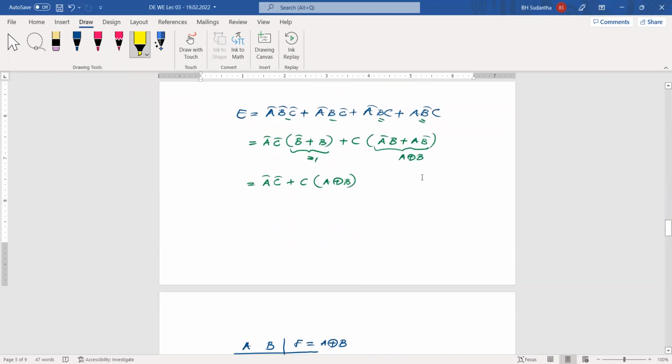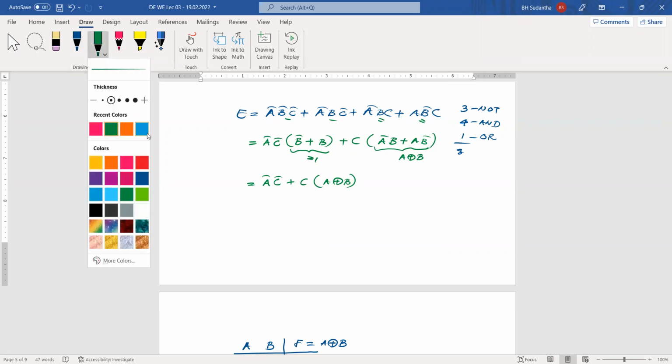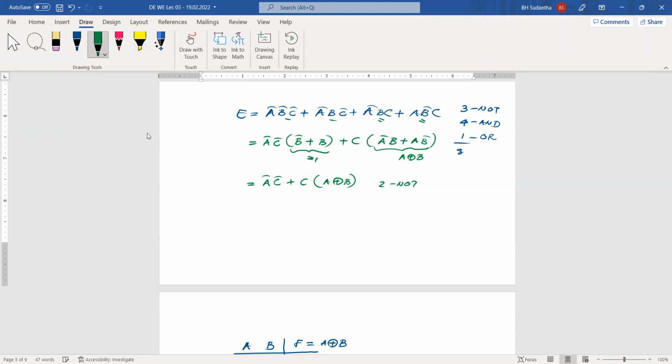Initially, how many gates did we have here? To make these bars, we need 3 NOT gates. Then to make this one, we need 4 AND gates and 1 OR gate to combine everything. Then 8 gates. Here, how many gates do we need? 2 NOT gates.